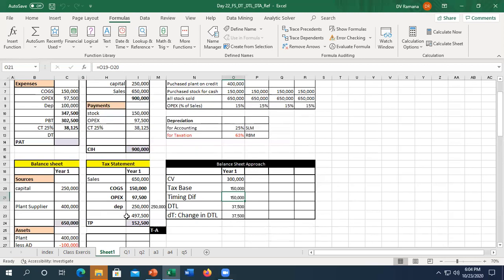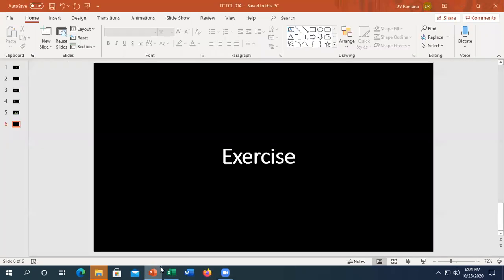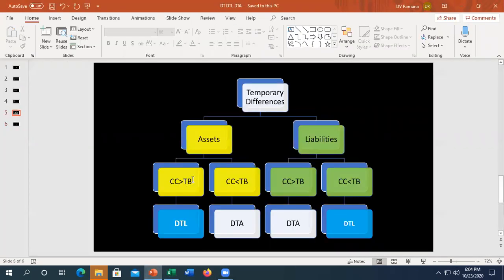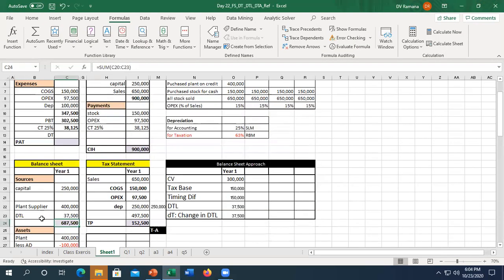So DTL will be shown on the balance sheet, because the carrying cost is higher than the tax base, as we just saw. If the carrying cost of the asset is greater than the tax base, it's called DTL, because you are going to pay more tax in later years. Since this is the first year, the change in the DTL between the previous year and the current year is called the deferred tax.